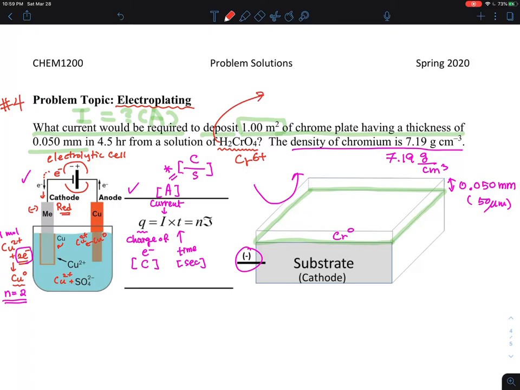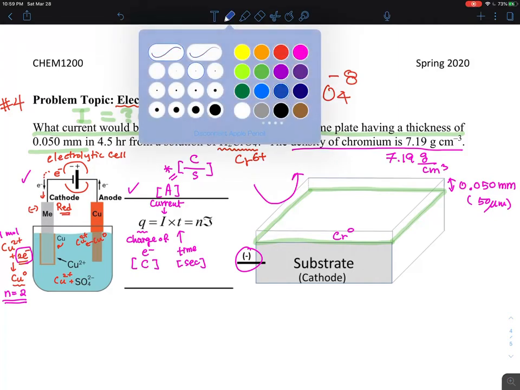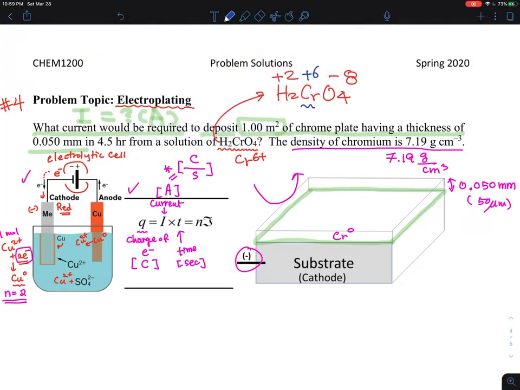That's important to know. H2CrO4: the hydrogens give plus 2, the oxygens give minus 8 because oxygen is minus 2. Therefore, I end up getting plus 6. So this is chromic, Cr6 plus. Cr6 plus needs 6 electrons, and then that will be deposited as chrome metal. So that's chrome plating.